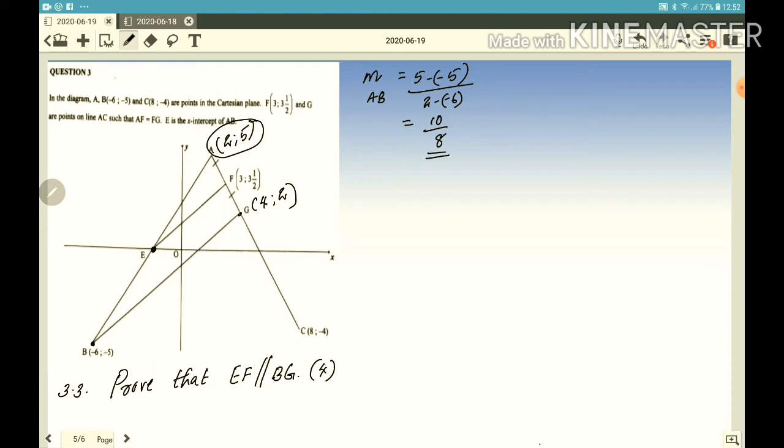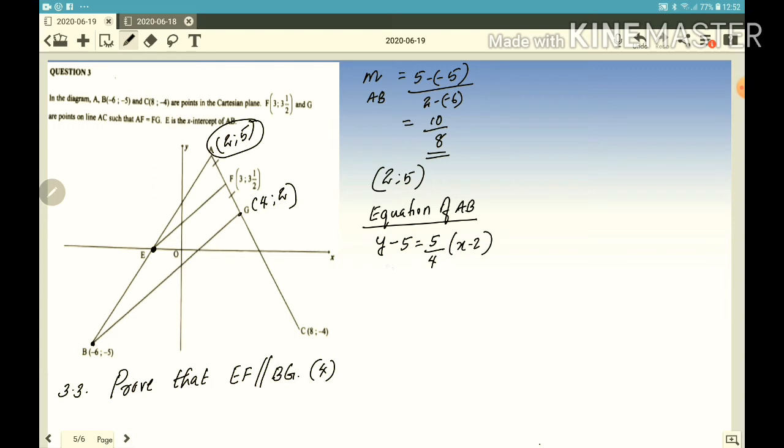Now I have to find the equation of AB, because the point that I selected is 2, 5, that is point A. Then only I can get the coordinates of E. For the equation of AB, I'm using the formula y minus y1 is equal to the gradient times x minus x1, so y minus 5 is equal to 10 over 8, that is 5 over 4, times x minus 2.